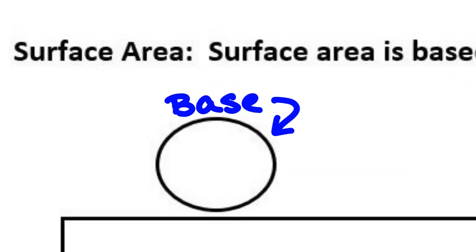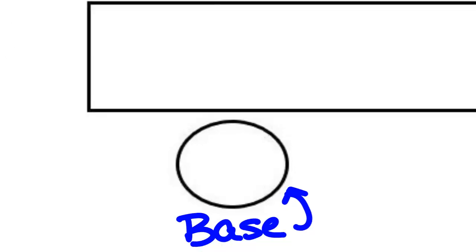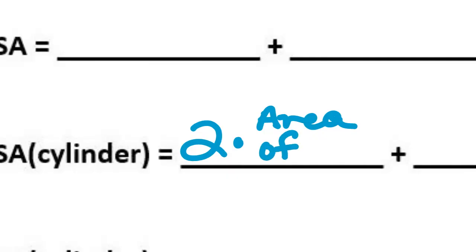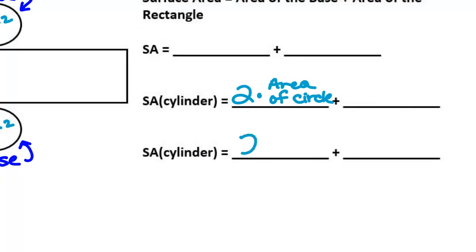So for this space up here, we would have pi r squared. For this space down here, we would have pi r squared. So my surface area for a cylinder, 2 times the area of the circles. So 2 times pi r squared.